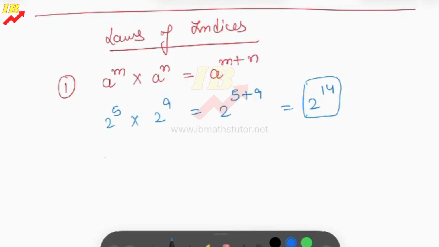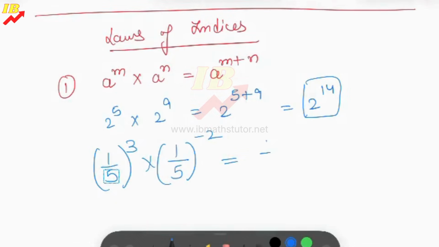If I'm writing something in fraction, if it is 1 over 5 to the power 3 times 1 over 5 to the power negative 2, here I'm not saying that the indices are going to change anything, but the bases are same. So I'm just using my law. So it is 1 over 5 to the power 3 plus negative 2, because here the indices are 3 and negative 2.